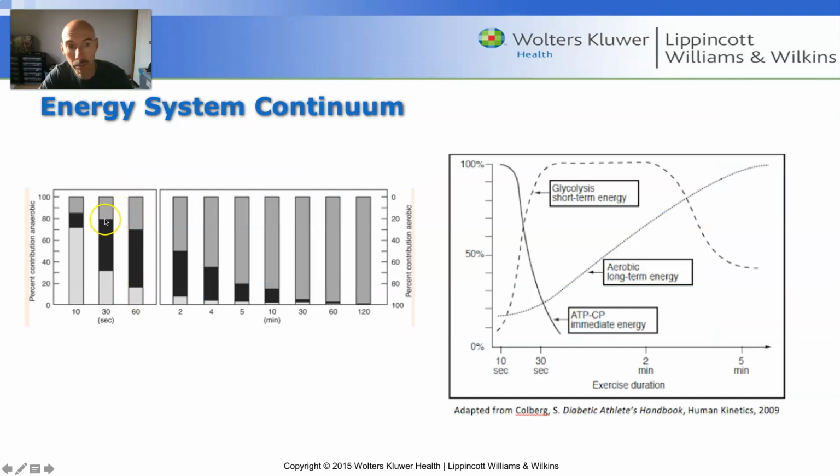As the time moves on, percent contribution from phosphocreatine drops, okay? And maybe by the time we get to 2 hours, we're not getting any from that, but it's pretty rare that we exercise for 2 straight hours. So even in an hour, we're still getting a tiny, tiny bit of phosphocreatine.